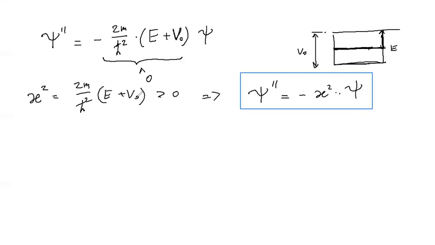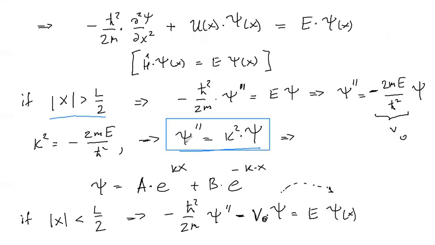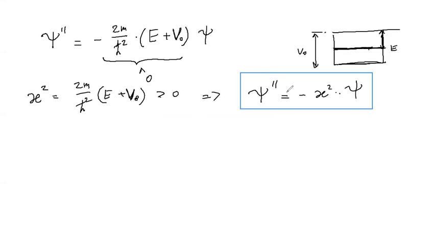It's also positive, but it's different. Yes, it's shifted by the depth of the potential. But it's not a big deal, yeah? I can solve this. This equation looks very similar to the previous one, but the solution will be different. What kind of function is it, if you take the second derivative, you get the same function with a negative sign?